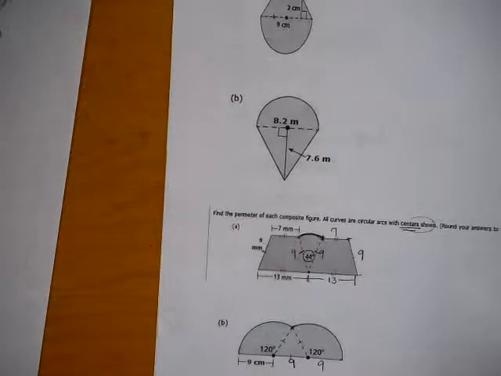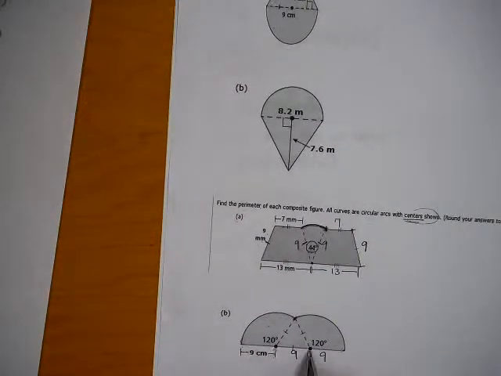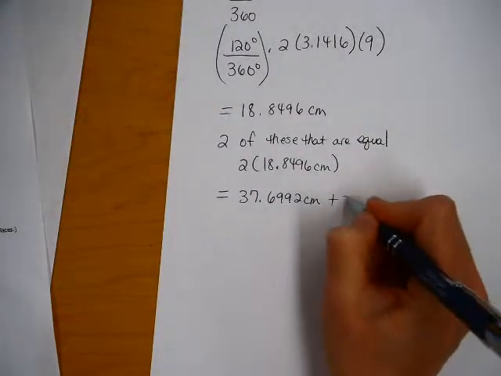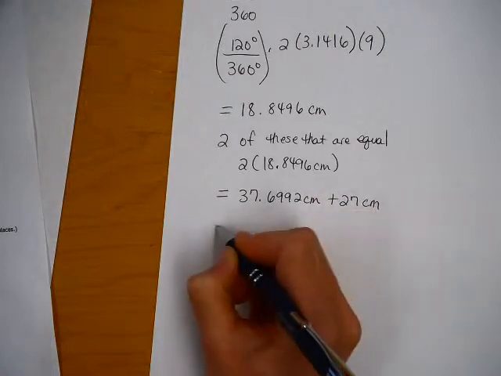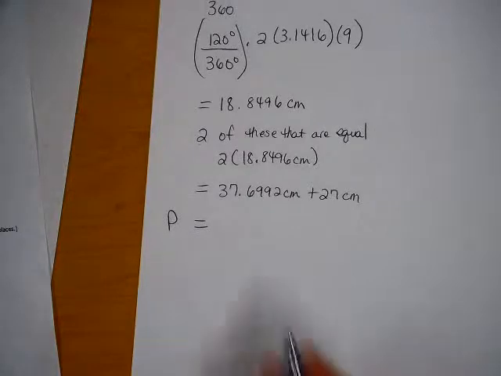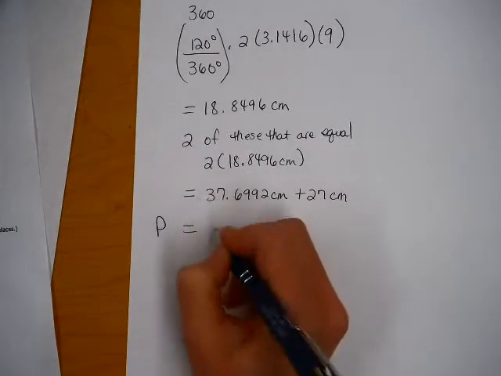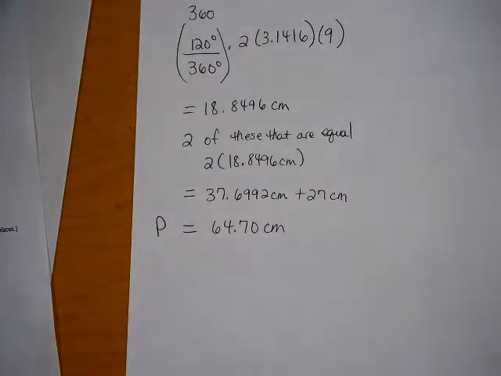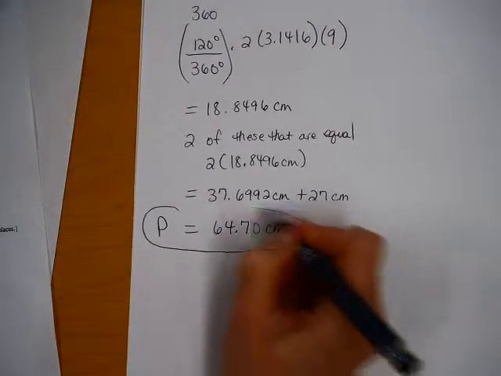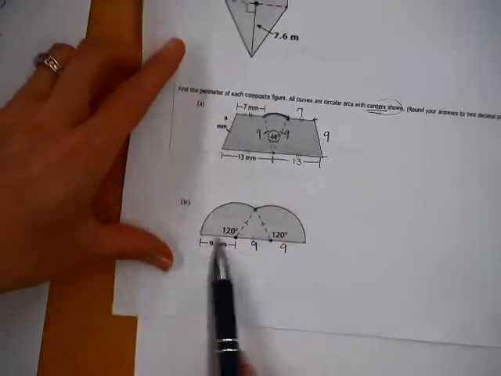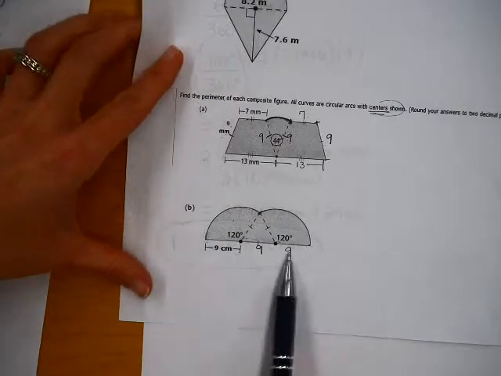Then I just add 9 plus 9 plus 9, or that's really plus 27, to go across the bottom part of this. So I'm going to add that 27 centimeters across the bottom. And so our total perimeter for this problem, rounded to 2 decimal places, would be 64.70 centimeters if we round to the hundredths place. And again, that was for this composite figure here.